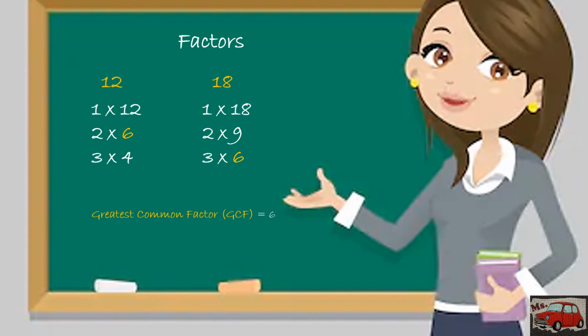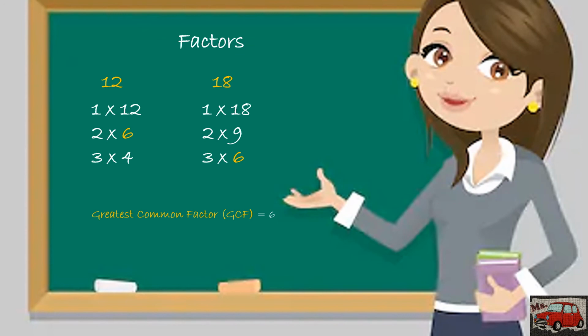Greatest common factor. So, here, you can see na meron silang parehas na factors. Like yung 2, yung 3, at saka 6. But what we're looking is the greatest common factor. So, their GCF is 6.